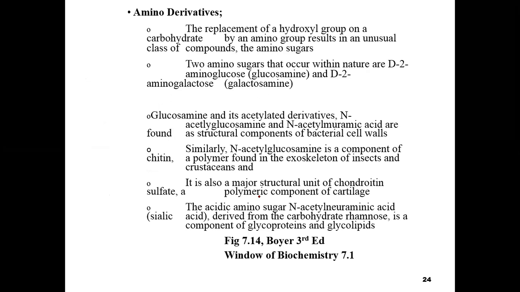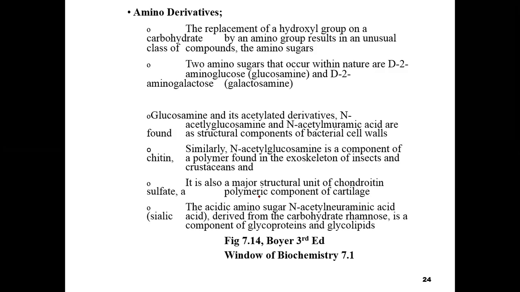Glucosamine and its acetylated derivatives, N-acetyl glucosamine and N-acetyl muramic acid, are found as structural compounds of bacterial cell walls. Similarly, N-acetyl glucosamine is a component of chitin, a polymer found in the exoskeleton of insects and crustaceans, and it is also a major structural unit of chondroitin sulfate, a polymeric compound of cartilage.